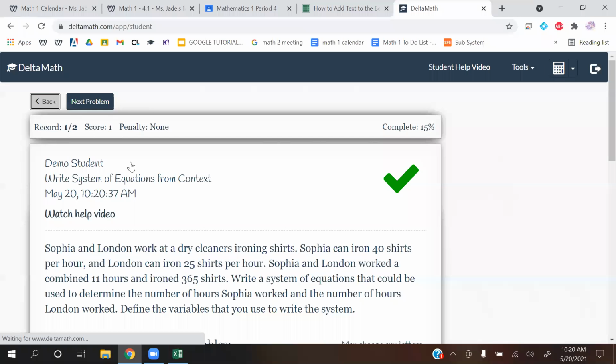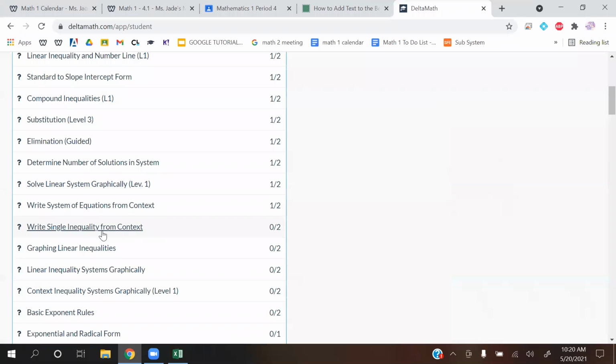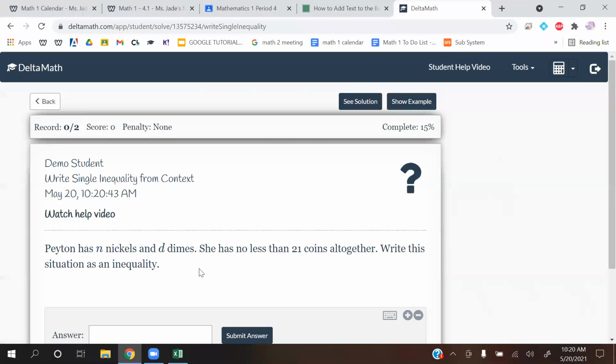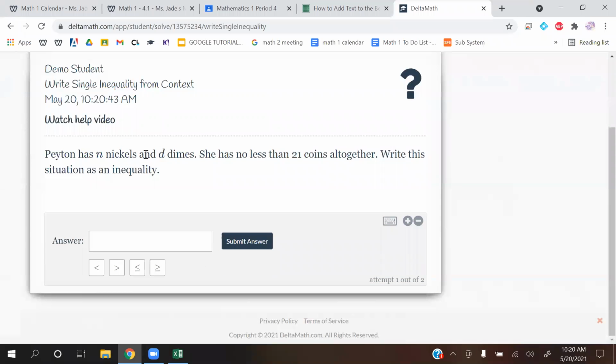And then let's do another one. So write a single inequality from context. Peyton has N nickels and D dimes. She has no less than 21 coins altogether. Write this situation as an inequality. So the total coins will be N plus D, nickels plus dimes. That should be no less than 21.